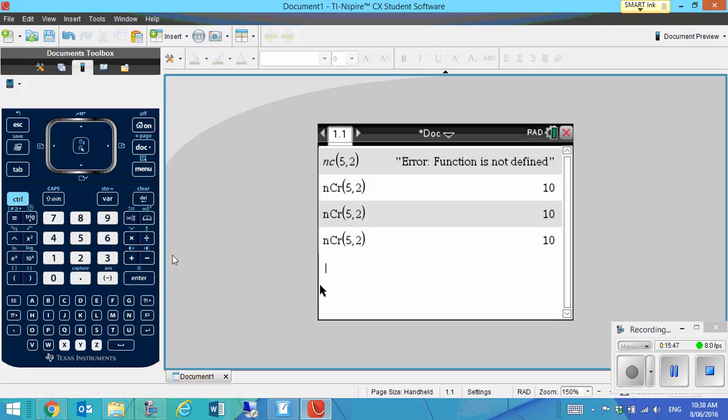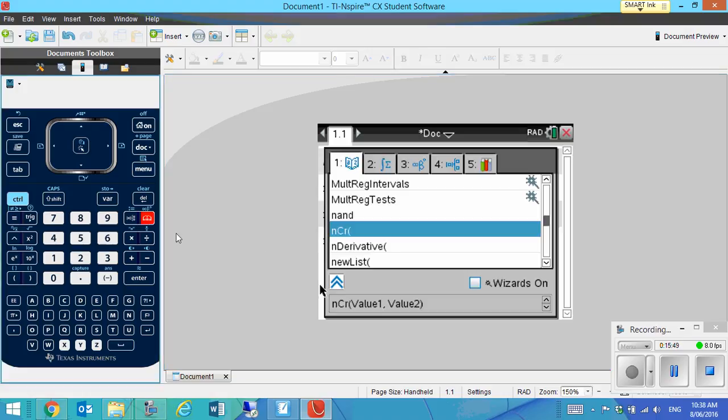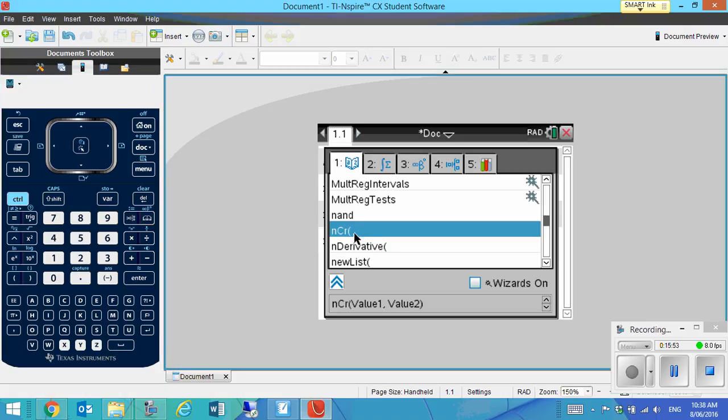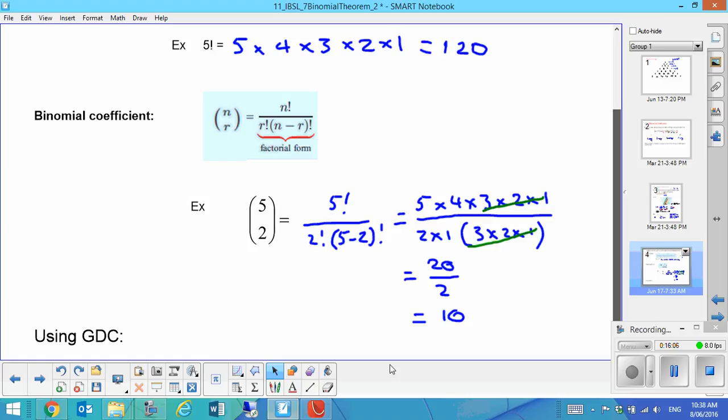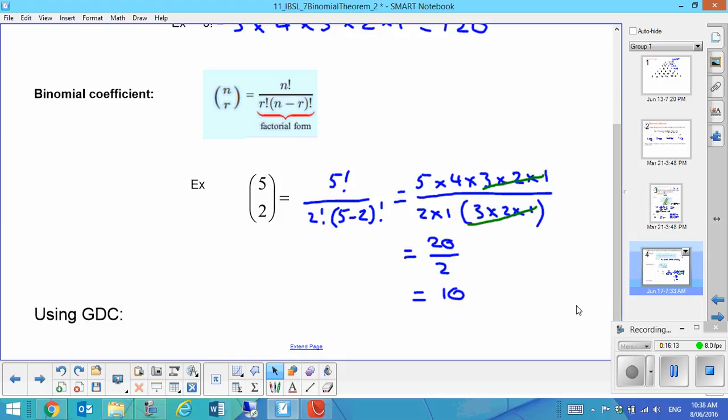The other place to find it is if you go to your catalogue and go down to N, and there's the nCr, so you can choose that and put in your 5, 2. So 2 ways to get that value. If you're in a calculator paper and you've got a really big number, use your calculator, don't draw up Pascal's triangle. So that's how to work out your coefficients using factorial notation.